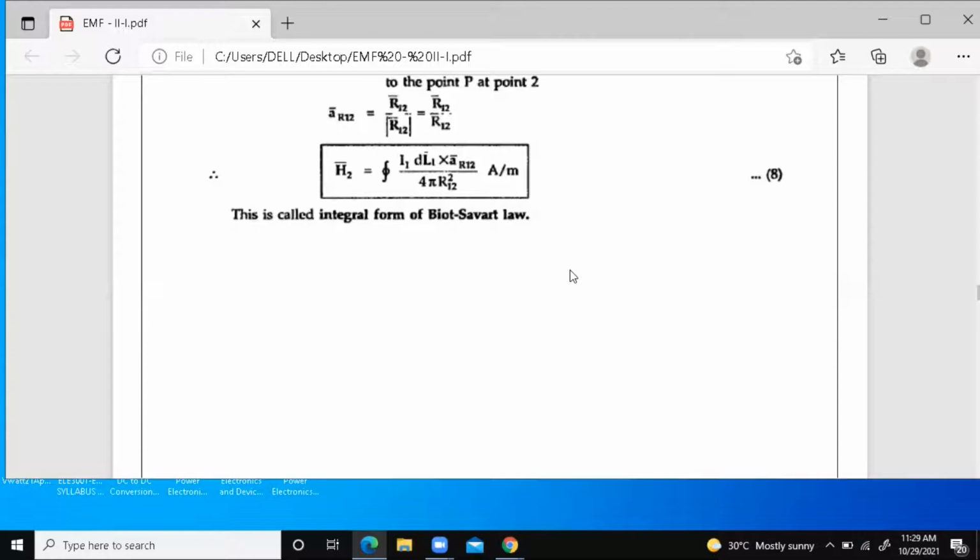Again, like in electrostatics, we have a point charge, then we moved on to a line charge, where we consider a line as a string of point charges, then a sheet charge, and then a volume charge.